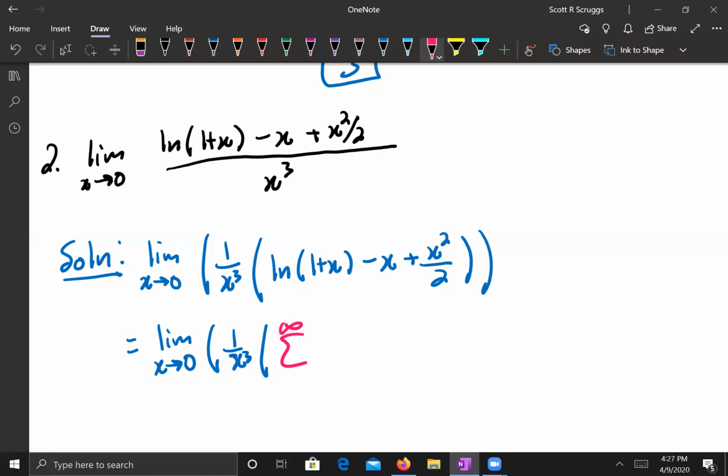The sum going from k equals 1, bingo, because if it was 0, I'd have denominator 0, of negative 1 to the k plus 1, x to the kth power over k, minus x plus x squared over 2.